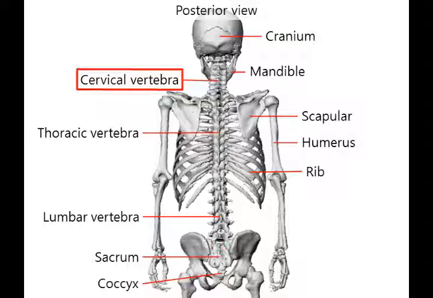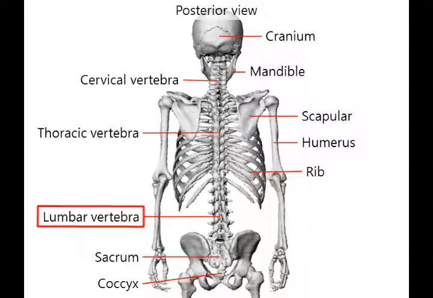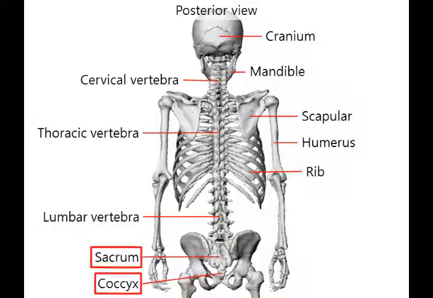The ones connected to the ribs are the thoracic vertebrae, and since the ribs consist of 12 pairs, the thoracic vertebrae also consist of 12 bones. The lumbar vertebrae consist of 5 bones, and the sacrum and coccyx are both single bones.